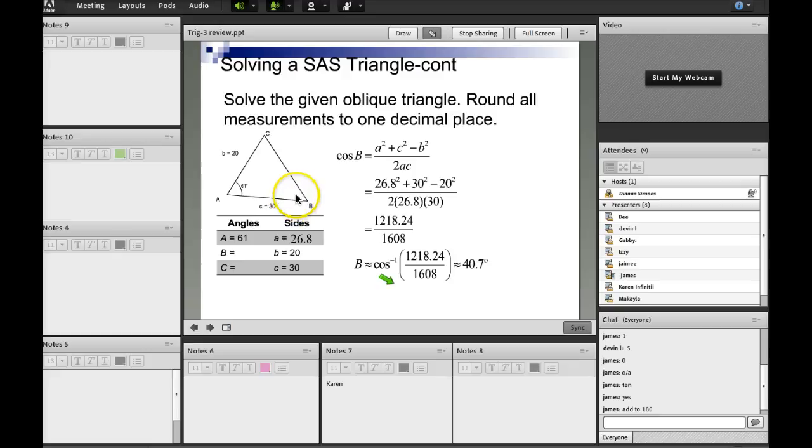So angle B is 40. How would I find angle C? 180, right? Yes. They all have to add up to 180. You know 2, subtract them from 180. Exactly. All right.